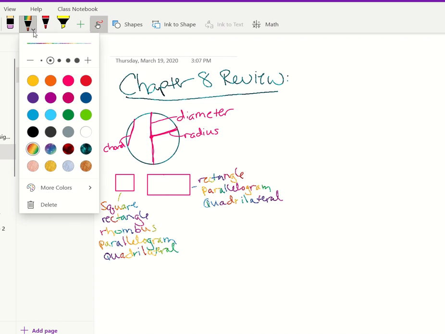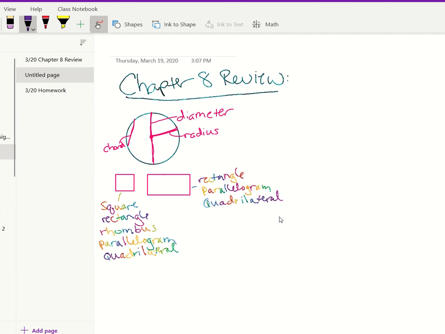Remember how we figured out, let's do indigo. Okay, so if we had a pentagon, remember I am not an artist, so I'm gonna try my best here, but we've got a pentagon, okay? 5 sides, 1, 2, 3, 4, 5. How do we tell the sum of the angles of this pentagon?